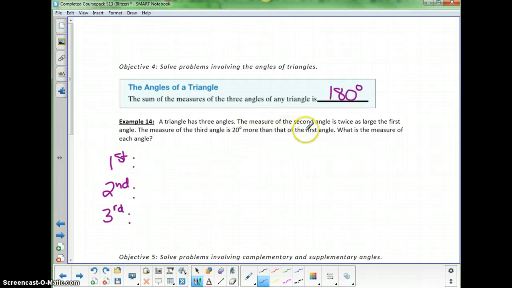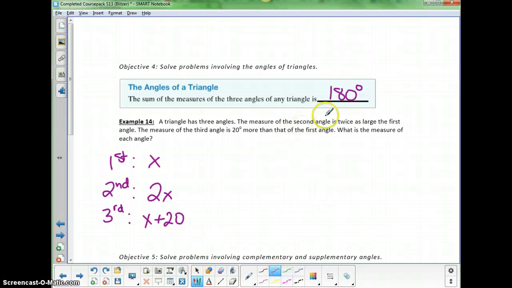Alright, I'm told that the measure of the second is twice as large as the first. So if I say that the first angle is x, the measure of the second angle is twice as large, so it must be 2 times x. The measure of the third angle is 20 more than that of the first, so the first angle plus 20. So I've got a way of expressing all three of my angles.